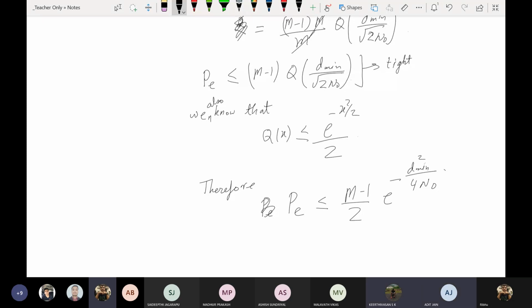Yes, sir. While designing the communication scheme, or while considering the symbols and the distance between them, we try to minimize the bound itself to decrease the probability of error. Or rather, we want to maximize the distance between two symbols.